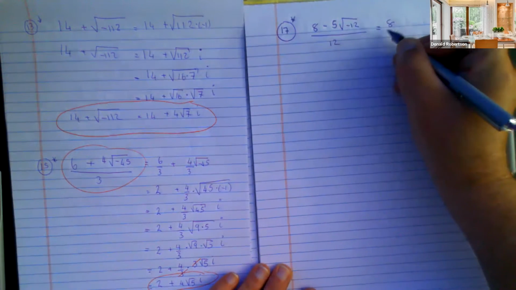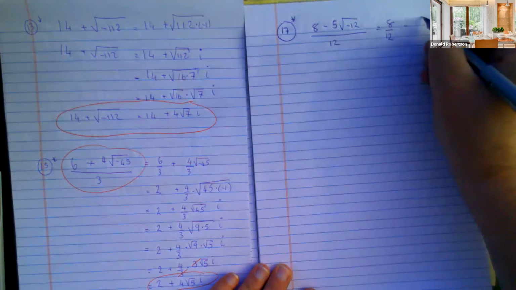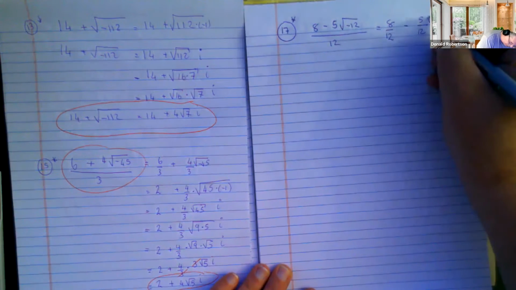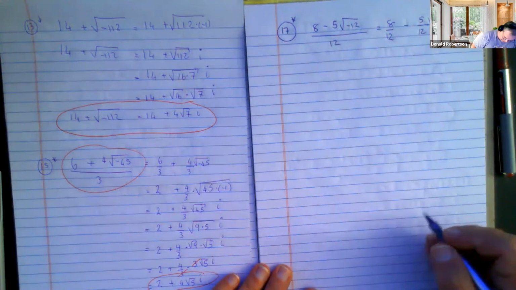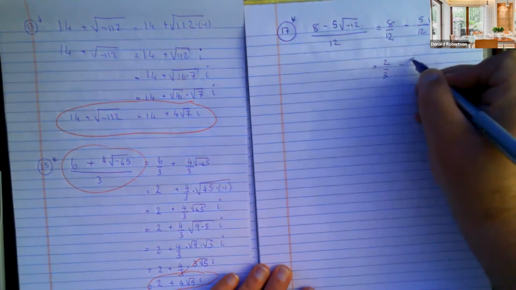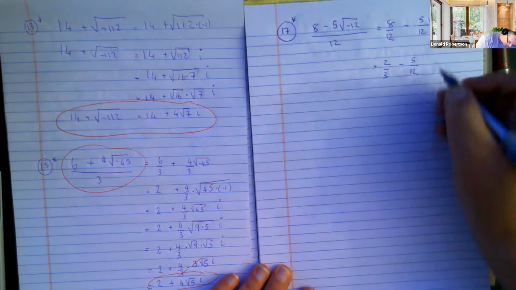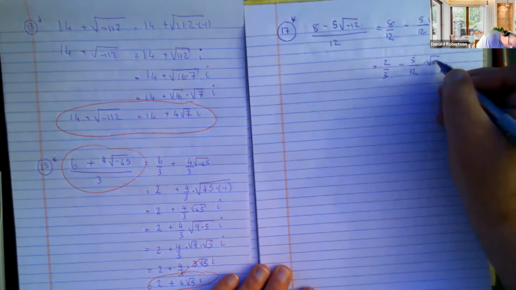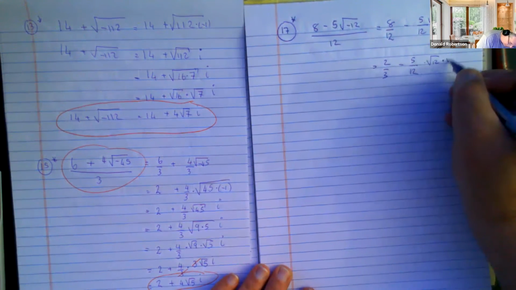Now that will split as 8/12 take away 5/12 square root of -12. That simplifies down to 2/3, take away that guy, and the square root of -12 is the square root of 12 times the square root of -1.